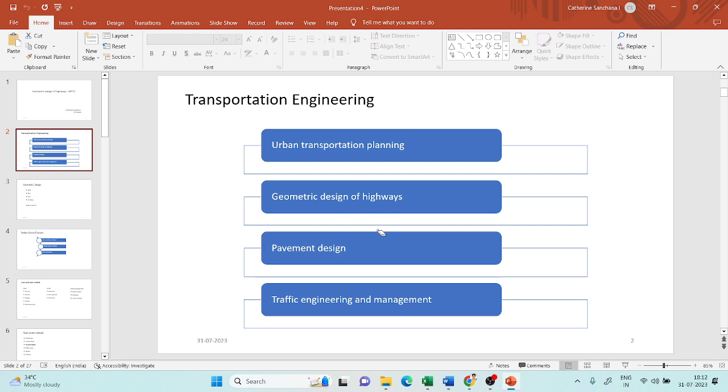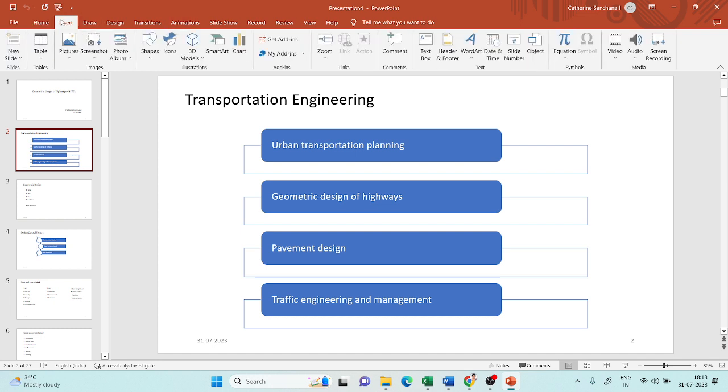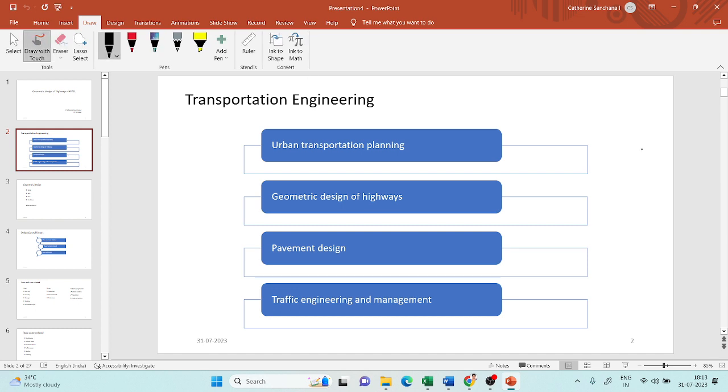Geometric design of highways deals with the physical entities such as the cross-sectional elements, like the cross slope of the road, and the longitudinal elements such as vertical curve and horizontal curve, and super elevation.